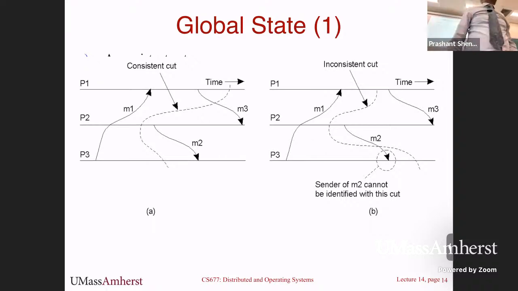It will not, because you are restarting P3 from a point where it's already processed M2. You are restarting P2 from a point where it has not yet sent M2. So if it starts executing from this point on, it will resend M2, and as a result P3 will get a second copy of M2 and process it again.